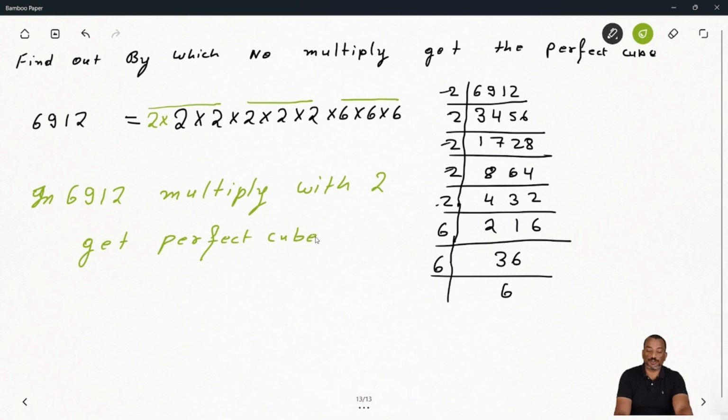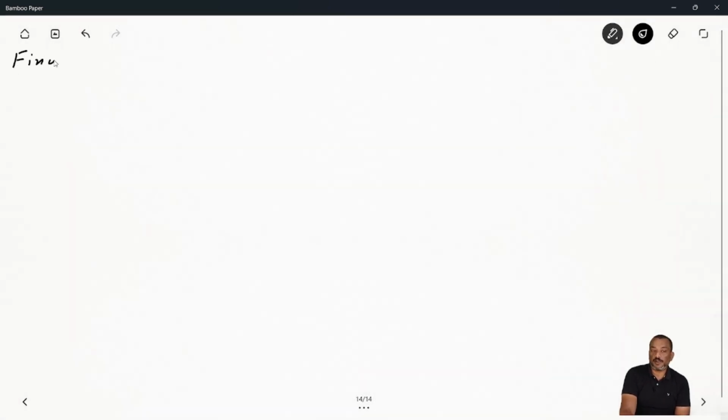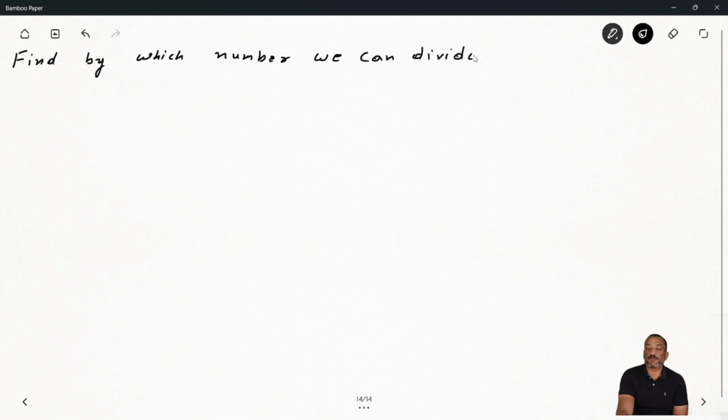So this type of question you will get in the examination also, as well as in the Olympiad also. So make sure you will not miss. Okay, got it. So same way you will get another type of question. It will say, find by which number we can divide to get a perfect cube.